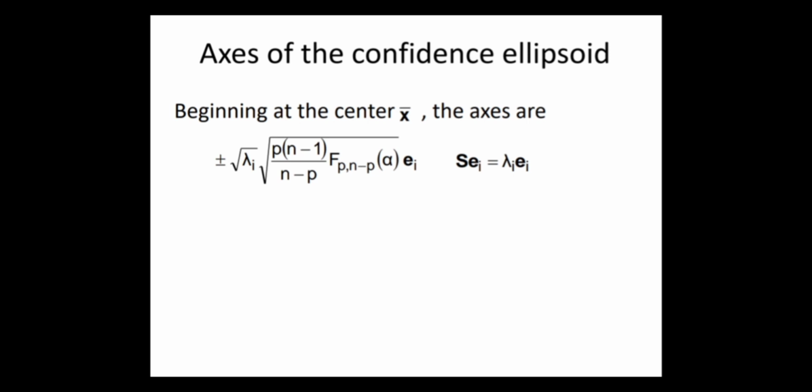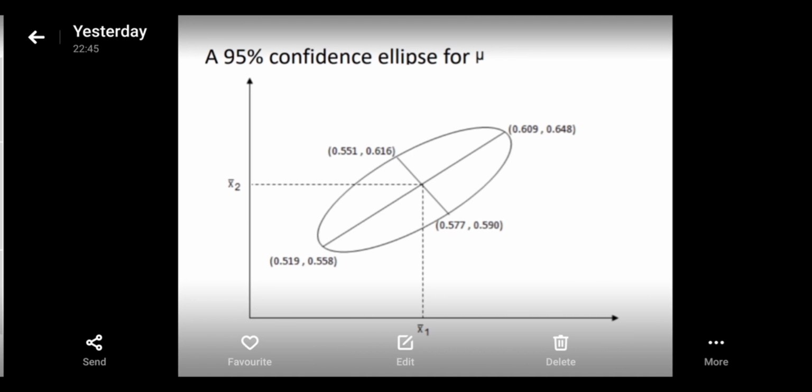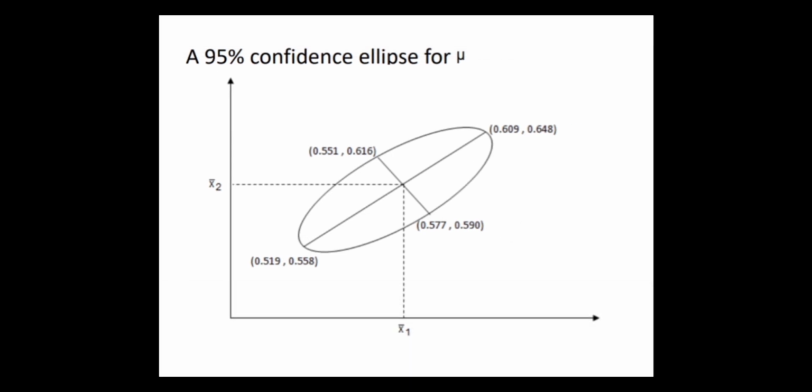We can find the major axis of the ellipse and also the minor axis of the ellipse using this formula. Okay, this is the ellipse. So from here we want to find the axis from the center. The center here is the value x bar.